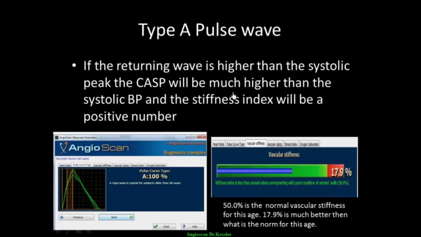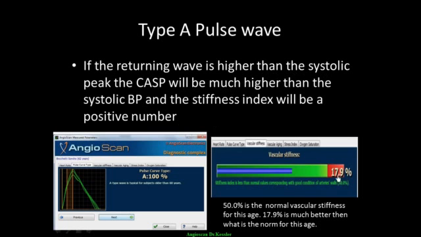Okay, and so what we'll see here in this one is, on this side is your systolic peak right here, but way on top is your returning wave. It's coming back too fast. So if the returning wave is higher than the systolic peak, the CASP will be much higher than the systolic blood pressure, and the stiffness index will be a positive number, which it is here.